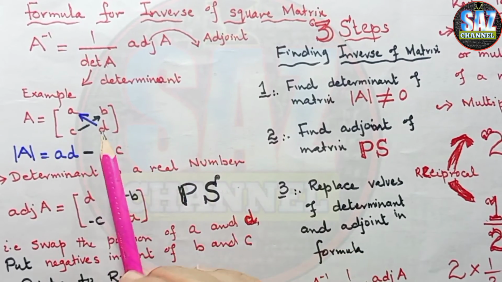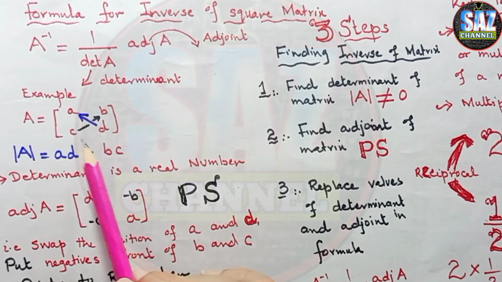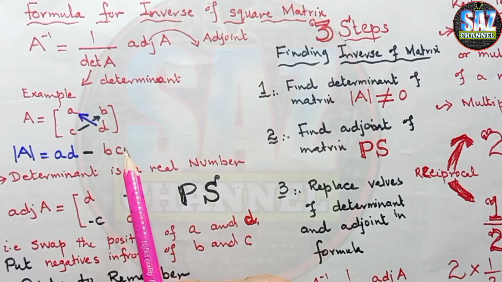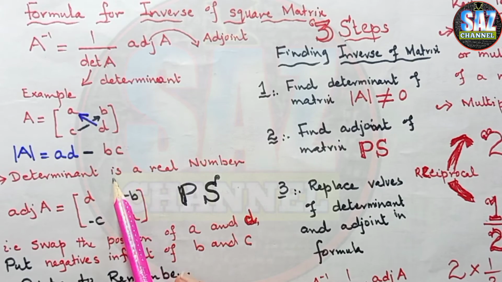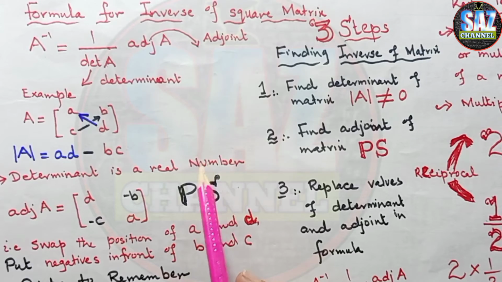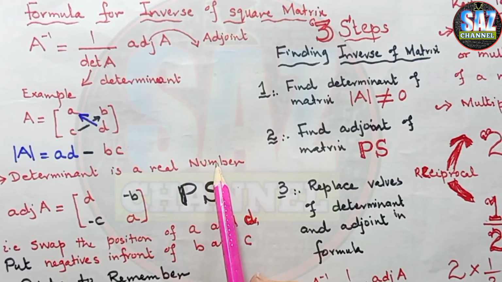So when we multiply these two numbers and take the difference from the other two numbers, this will be a number. That's why the determinant is a real number. It's not a matrix. It's really important to understand.